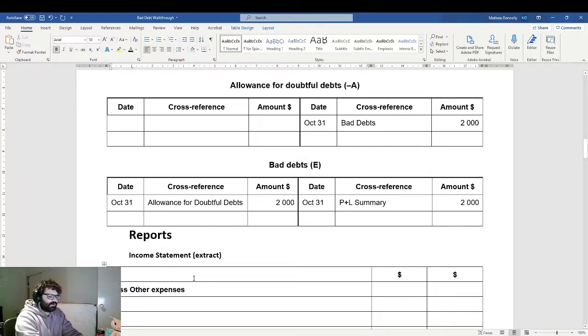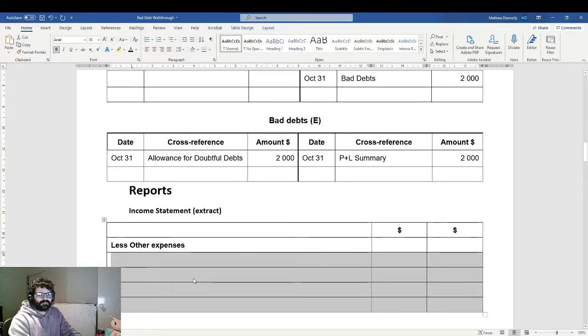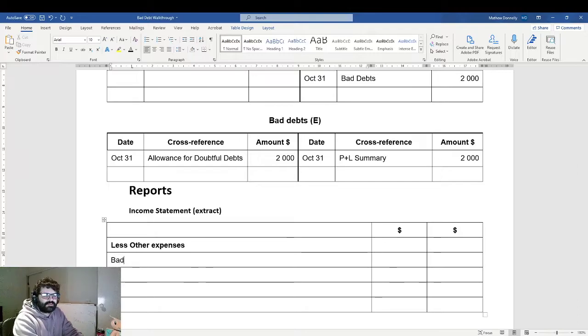And you would just go bad debt expense. So you go bad debt expense 2,000, and that would go with other stuff like wages, rent, and, I don't know, interest.